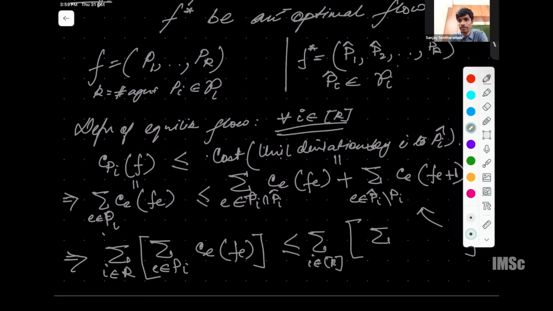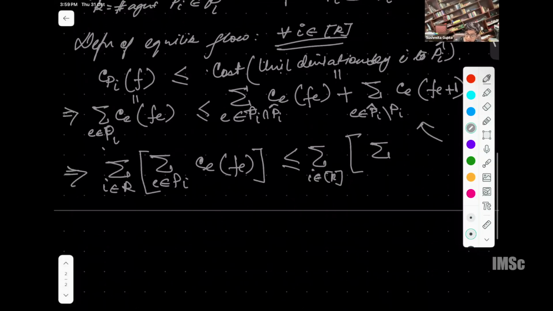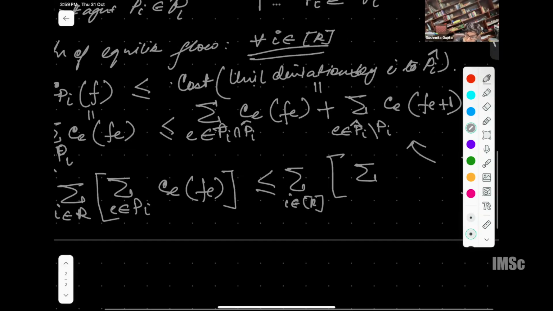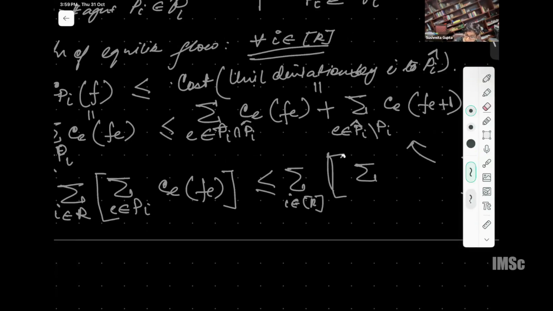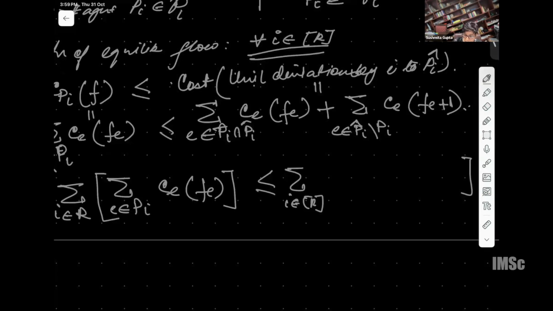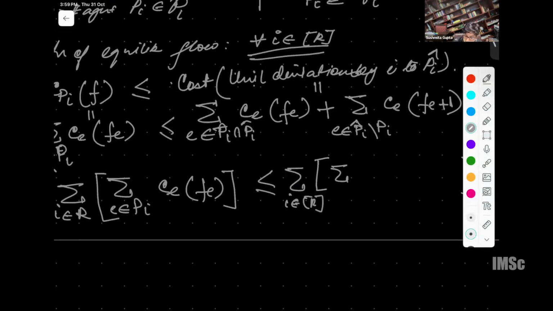It's too long an expression, so I don't want to write it out. All I'm saying is, given that this relation holds for individual agents, it will also hold in aggregate. That's all. So basically, this gives me a total.